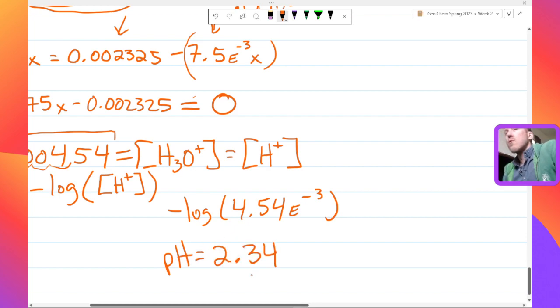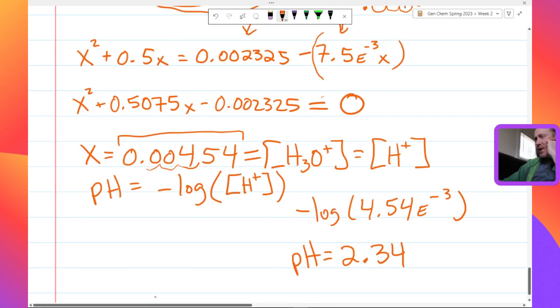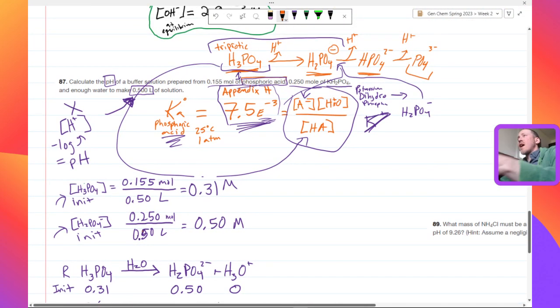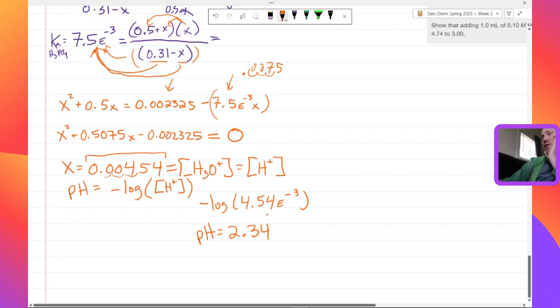And I always love it when numbers are in order like that. 2.34 is the pH of phosphoric acid. When you mix phosphoric acid with its conjugate base at these concentrations, it has a quite low pH, which totally makes sense.